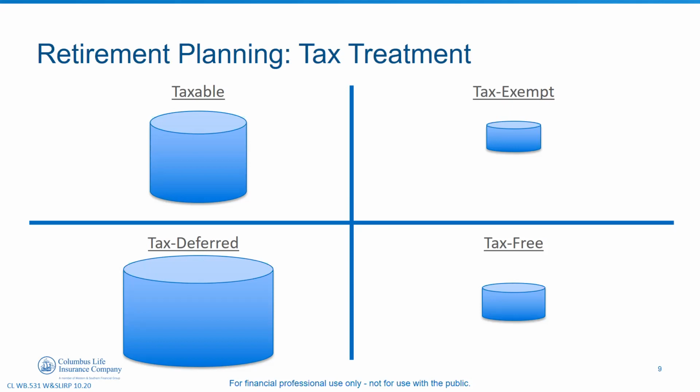Oftentimes, a client may have nothing in the tax-exempt or tax-free categories, which are typically the smallest categories. So think of these buckets in proportion to where the assets may be held by your client. Again, not every client will look like this, but in general, the tax deferred bracket is going to be the larger of the client's asset base.